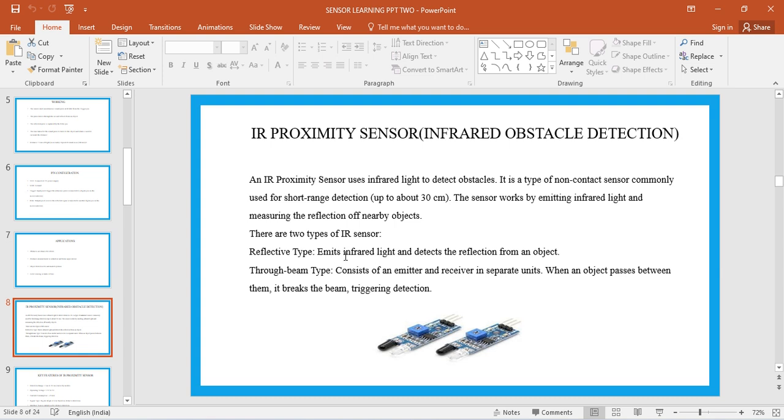Reflective type emits infrared light and receives the light which hits the object and returns back to the source. Beam type means we have two separate units, an emitter and a receiver, to detect an object which crosses between them.